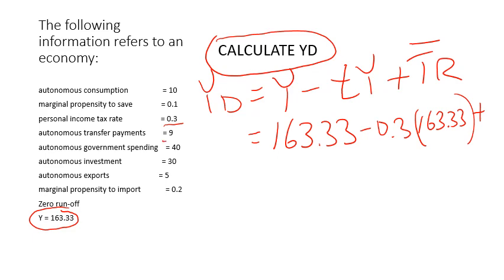How much are transfer payments? 9. All right, so I'm going to pause and calculate. I'll be right back. Okay, so we have disposable income equaling 123.33.